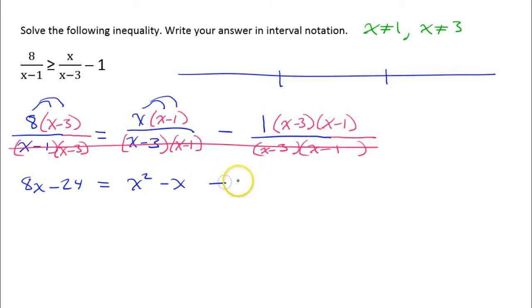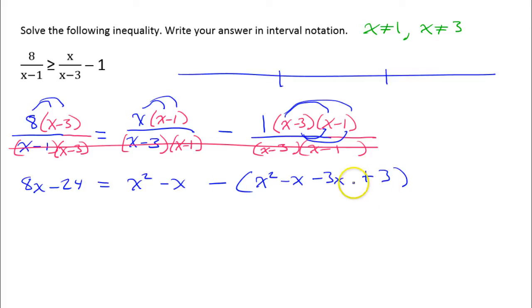What I'm going to have for a moment is still going to be in parentheses, so I need to double distribute this. x times x, that's x squared. x times negative 1, that's negative x. And then I'm going to distribute the negative 3. So that's going to be negative 3x and positive 3.